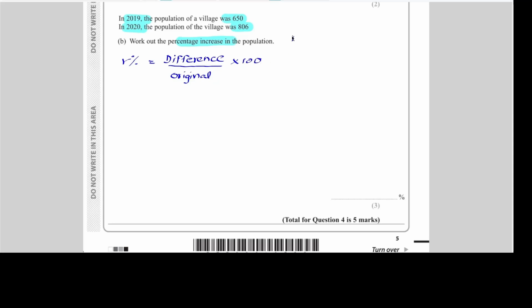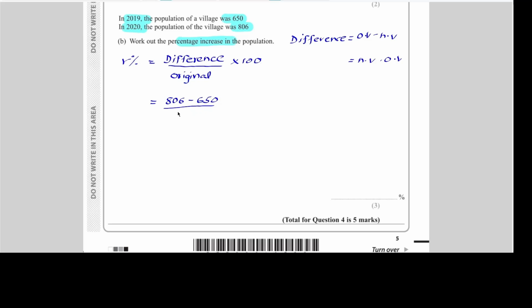How do we get the difference? The difference is always old value minus new value or new value minus old value, depending on the greater value; you need to write the greater value first. In 2019, it was 650. In 2020, it was 806. Therefore, I need to subtract these two values: 806 minus 650 over the original amount.